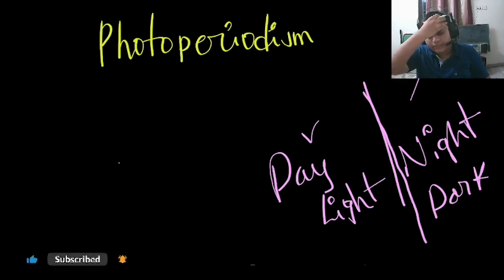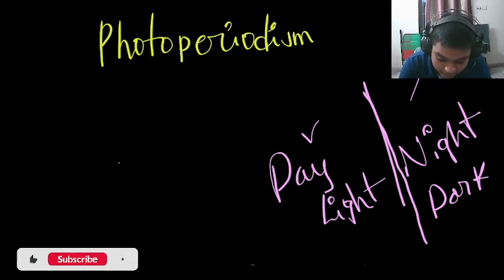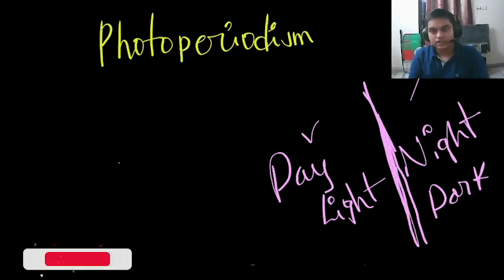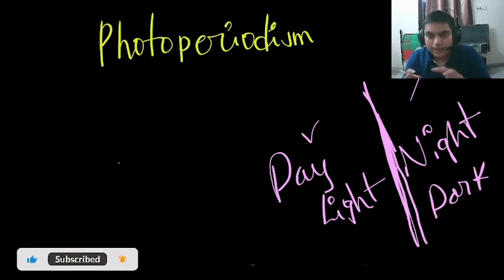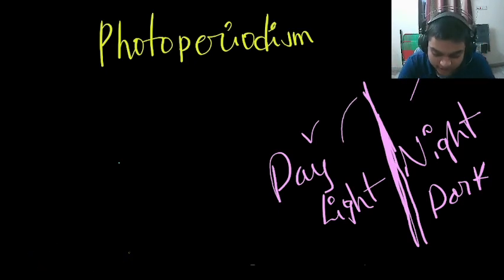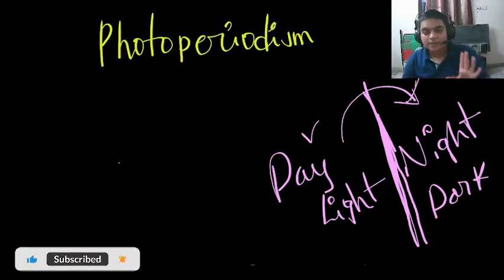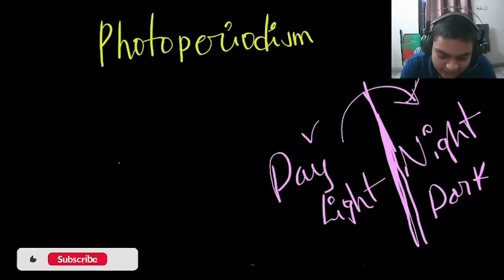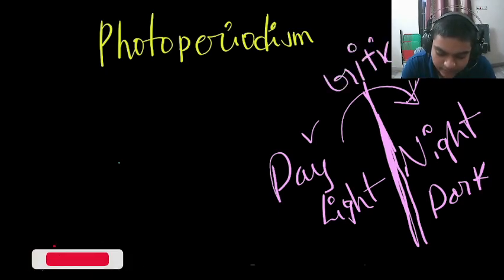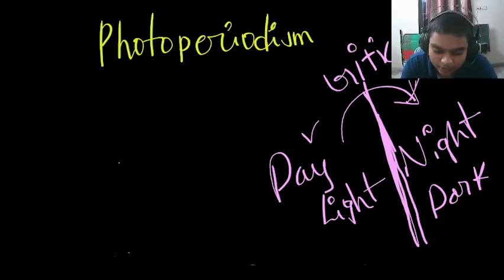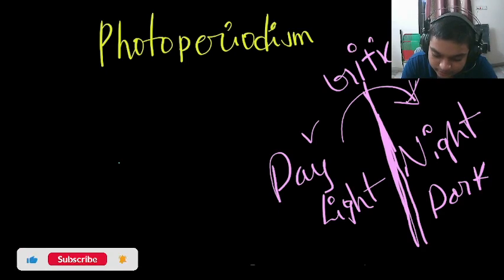At the time when the light is here on the line, you can see both day and night. It is a shifting period. Take this line as a shifting period, and that is called the critical line, or critical photoperiod, according to your NCERT.